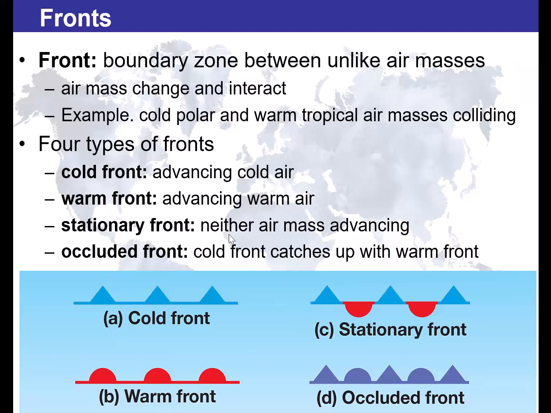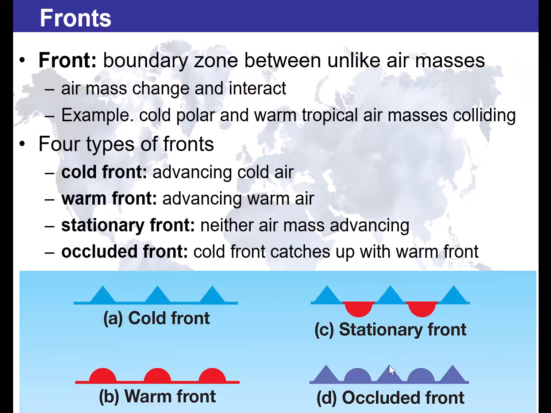A stationary front is where neither air mass is advancing, so the cold front and the warm front are just hanging out together. That stationary front gets marked on a map with this interchanging cold, warm designation, showing that they are just hanging out next to each other rather than advancing. And an occluded front is when the cold front eventually catches up to the warm front.